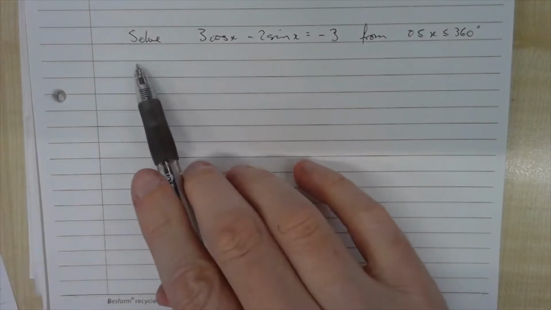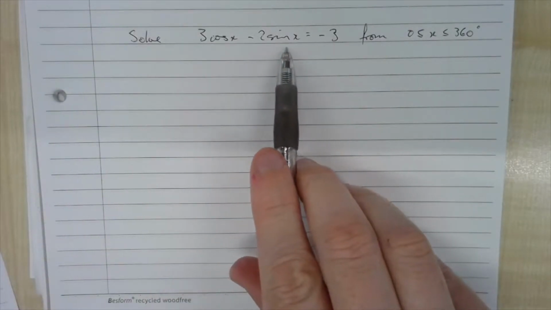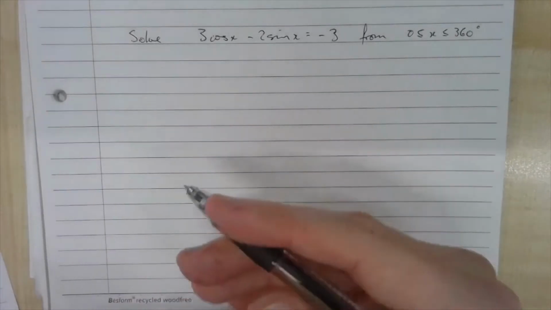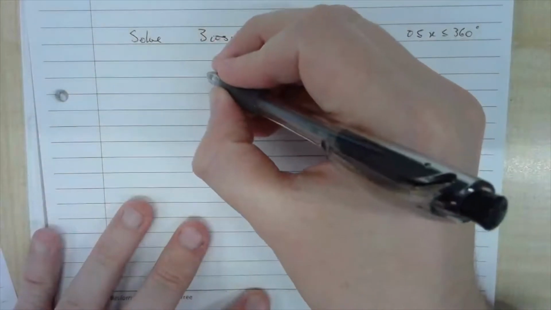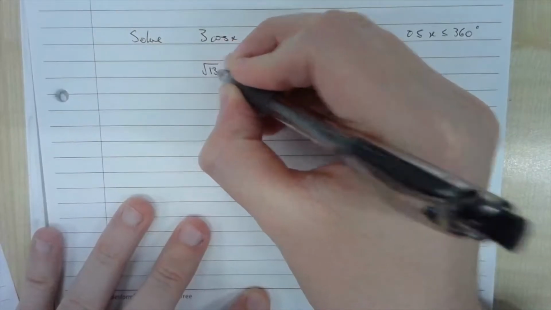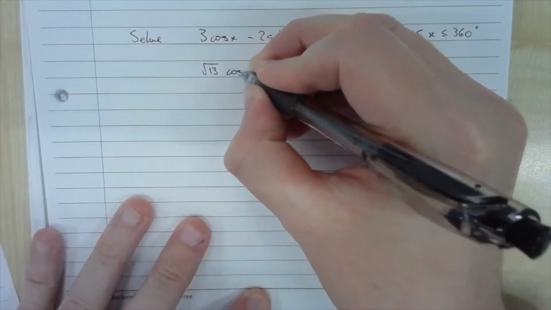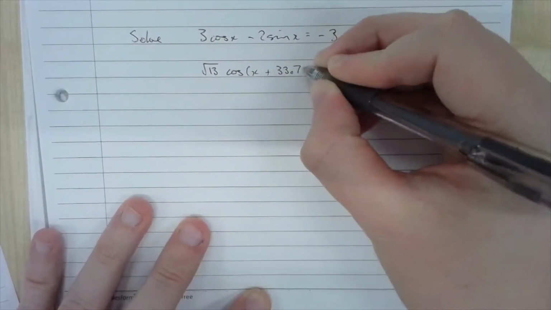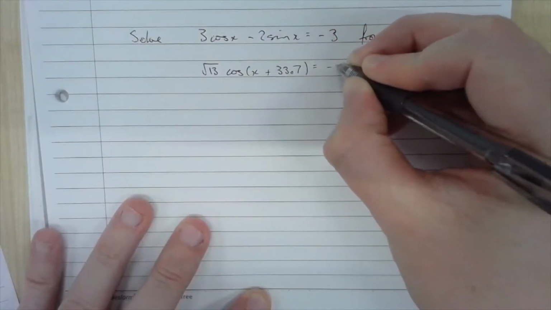Okay, final part of our question here is let's solve 3 cos x minus 2 sin x equal to -3. So we're going to use our auxiliary method. We've already done that. We know that the left hand side is the same as root 13 cos(x + 33.7), and I want that to equal -3.